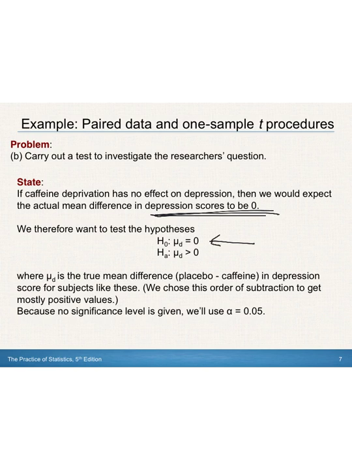The d does not stand for depression, but it stands for the difference, the placebo minus the caffeine. And then the researchers are expecting that caffeine deprivation is going to increase the depression scores. That's what they're expecting. And they've decided that they're going to use an alpha of 0.05.